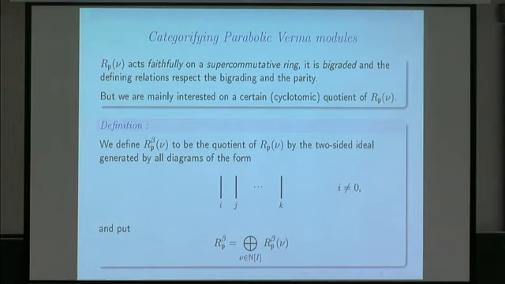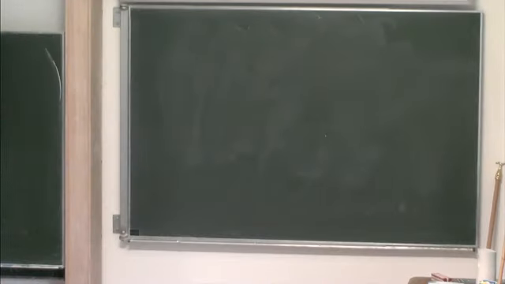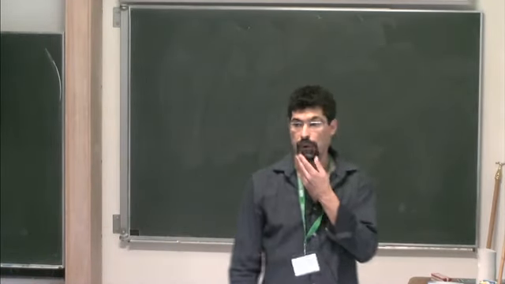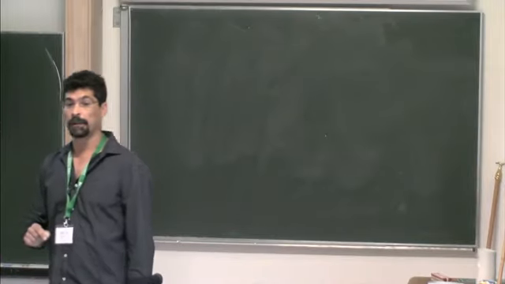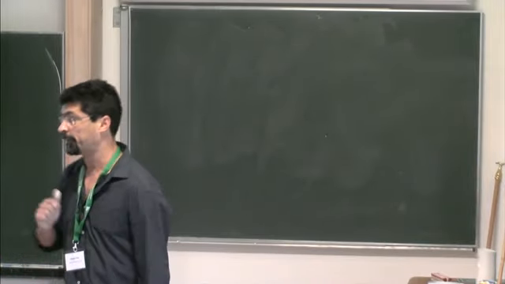So it parallels the fact that in the parabolic Verma module, some f, which is not f0, acts trivially on the highest weight vector. You can see it from the definition. Okay, now if you're wondering whether this works for other types of quotients, other types of parabolics, other types of Lie algebras, that's true.